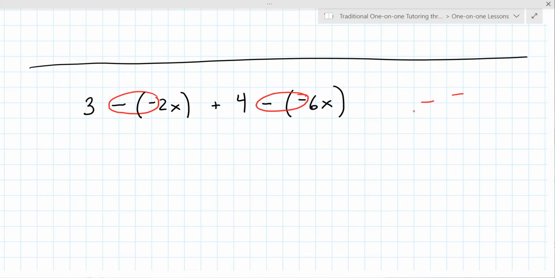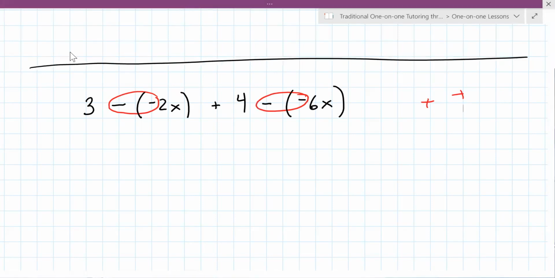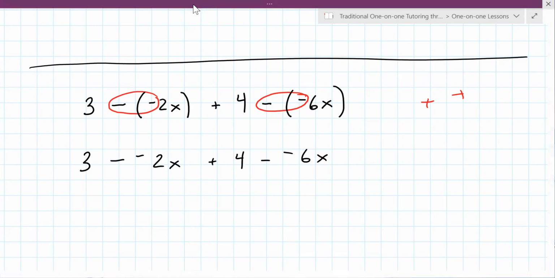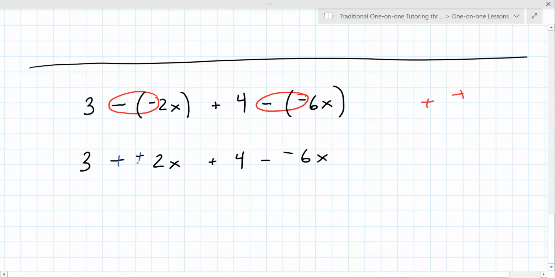Uh-huh. And I'm not a language expert, but in math, the two negatives cancel out. So the way that you would work through this problem here is, and I'm going to write it without the parentheses this time, whenever you see subtracting a negative, you immediately go plus plus.